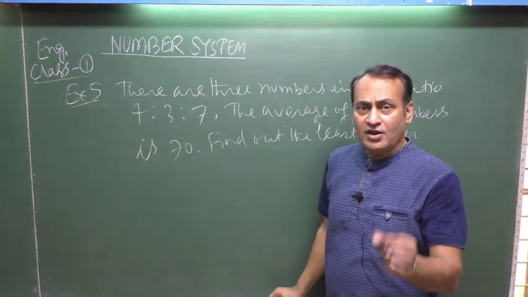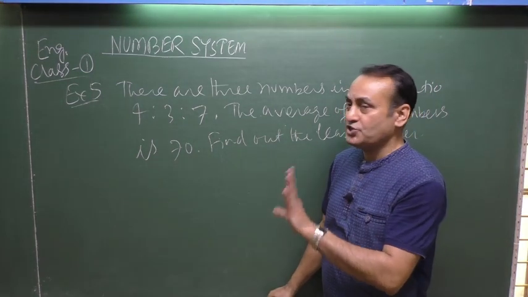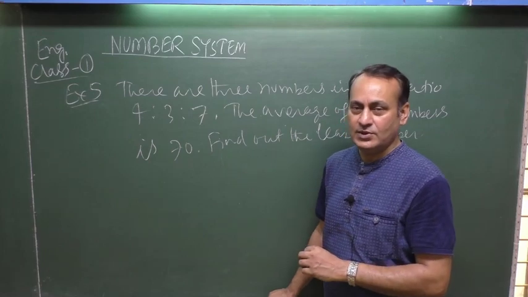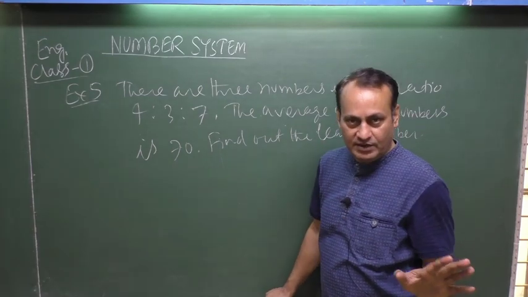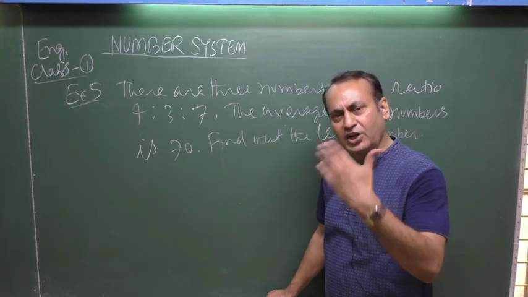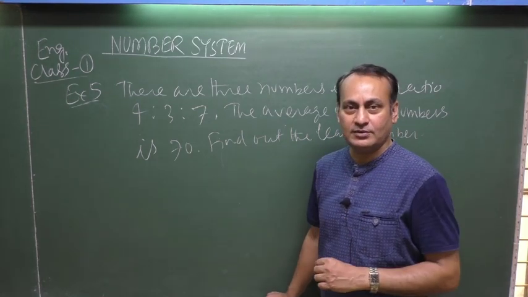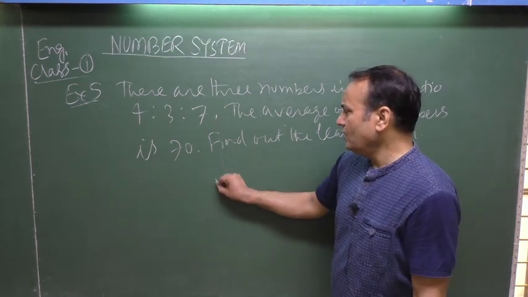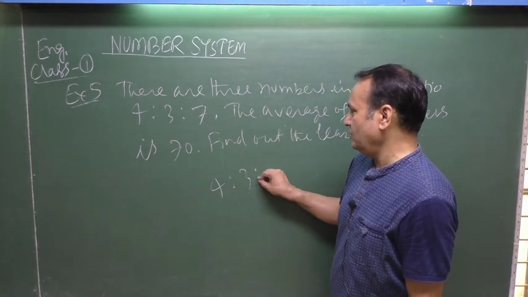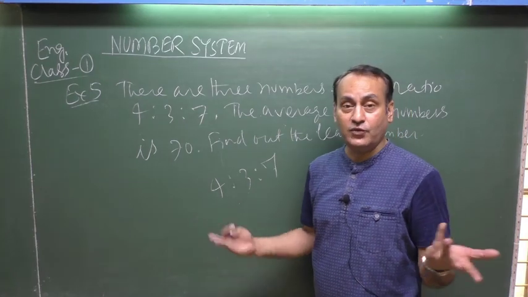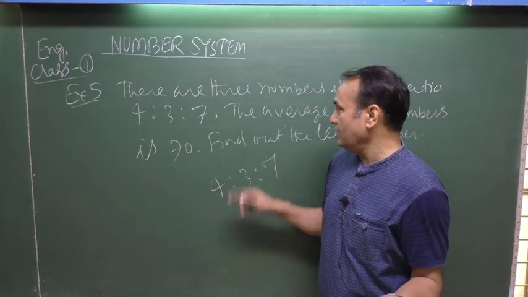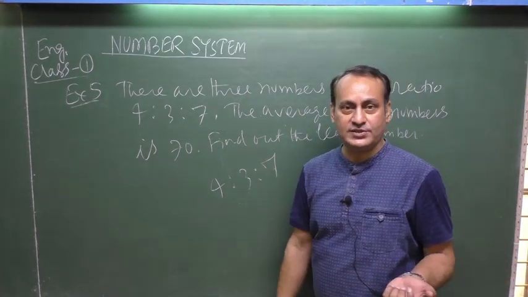See here. Firstly, you have to read the question once, twice to grasp it very well. If you grasp the question, certainly some ways will come before you to tackle it. The question says there are 3 numbers in the ratio 4, 3, 7. In the question, the word average has been used.